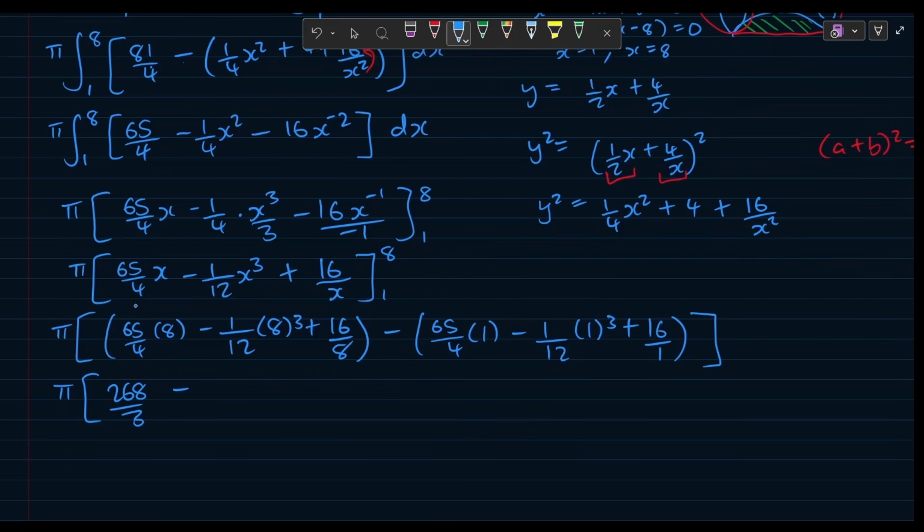So that's 65 over 4 times 1 minus 1 over 12 times 1 cubed plus 16 over 1. And that gives us 193 over 6. Let's subtract these two, and we get 343 over 6 pi, and that is our final answer.